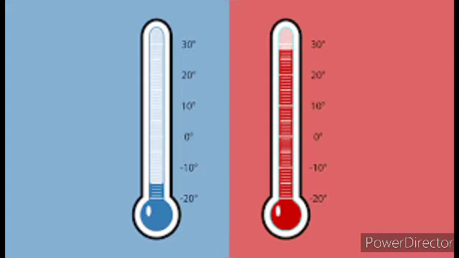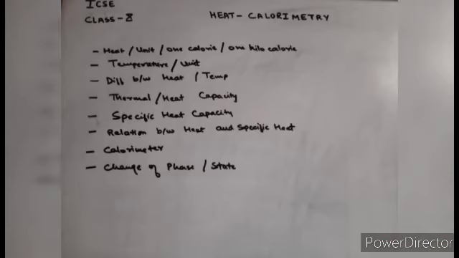Now the unit of temperature. The SI unit is Kelvin, the symbol is K, but we have two more common units: one is degree Celsius and another is degree Fahrenheit. Now, factors affecting the quantity of heat absorbed to increase the temperature of a body. First, mass of the body.